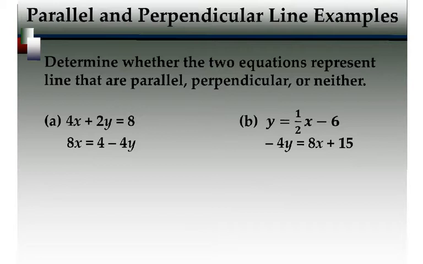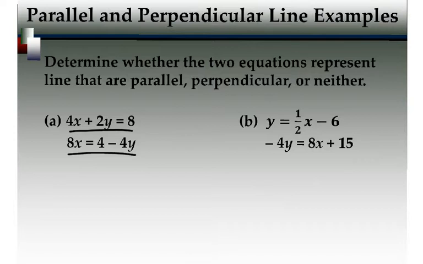The quickest way to go about doing this is to solve for y in each. Put it in slope-intercept form, and you'll have your slope. Look at the slopes of both of them. If they're equal, then they're parallel. If they're not equal, check to see if they are negative reciprocals of each other, and that means they're perpendicular.